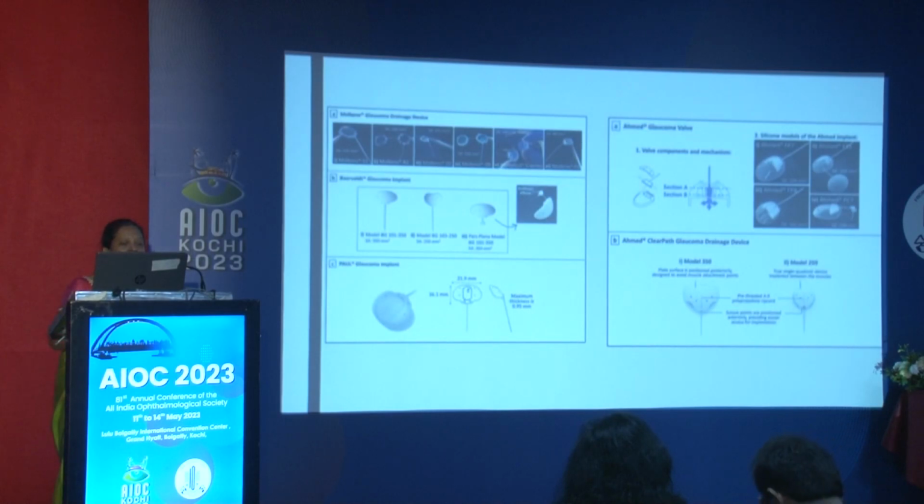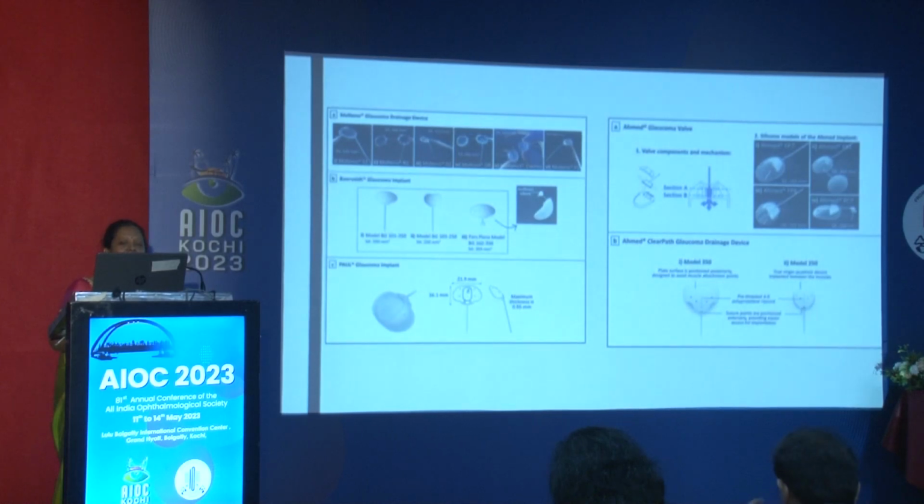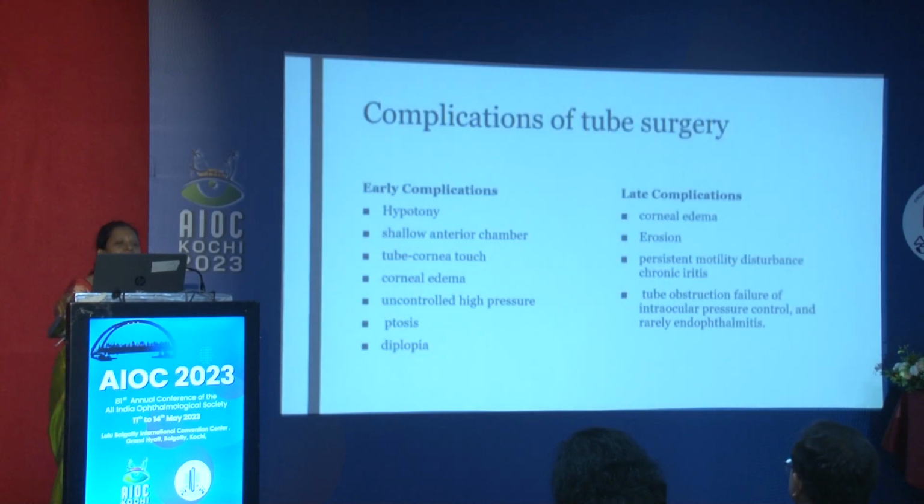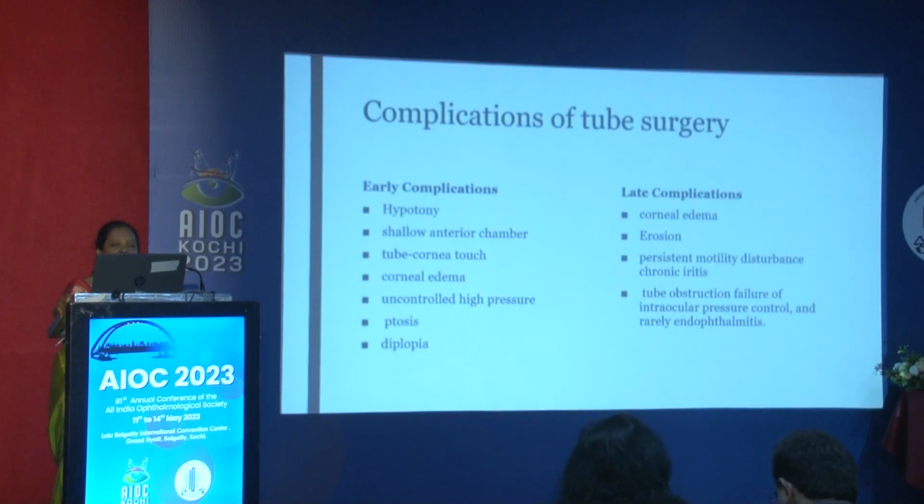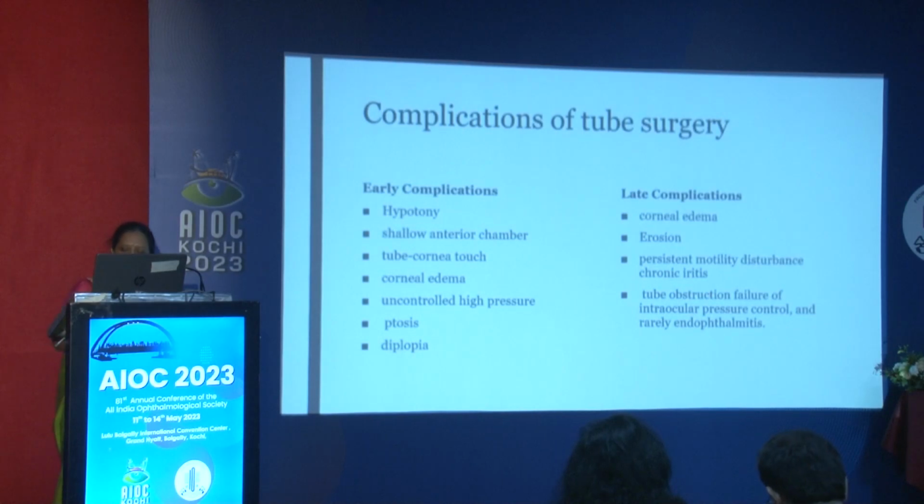There are also Paul glaucoma implants, and recently the non-valved Ahmed, the Ahmed ClearPath, has also come up. Tube surgeries also have their complications. Early ones are hypotony and shallow chamber, and late complications, again hypotony, especially with the non-valved, then motility disturbance and infection.